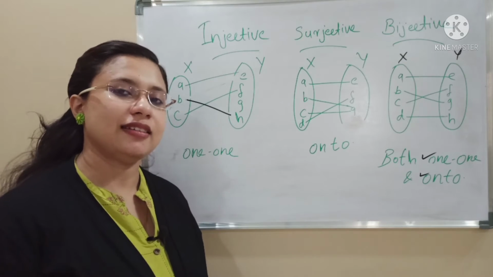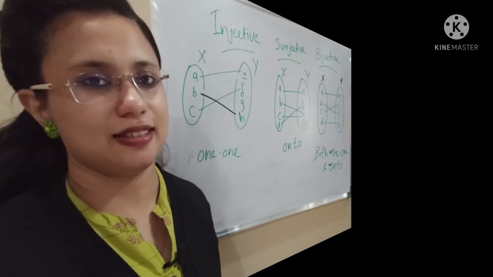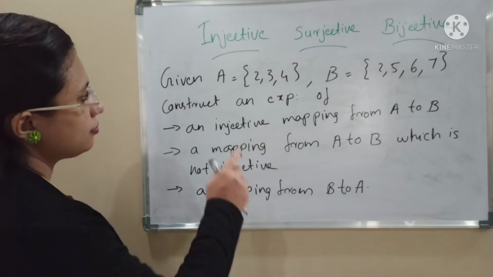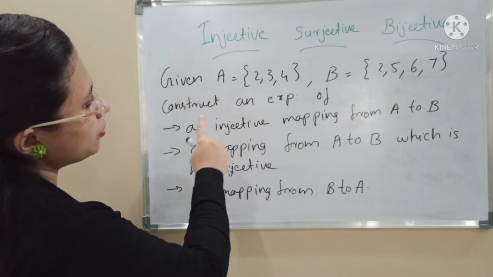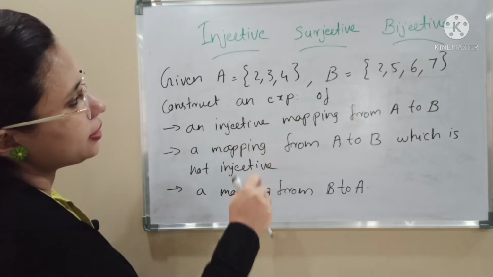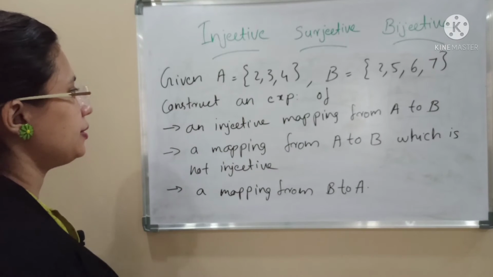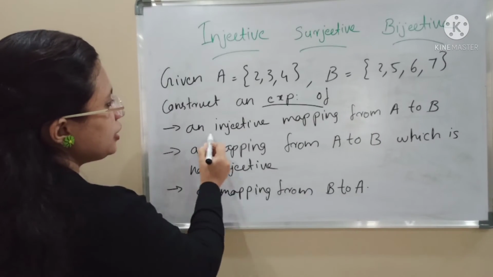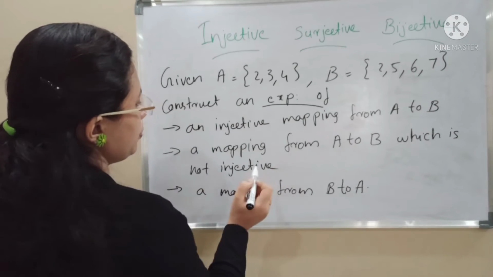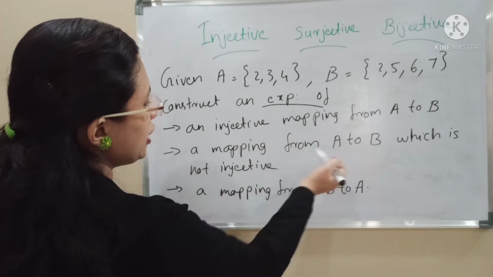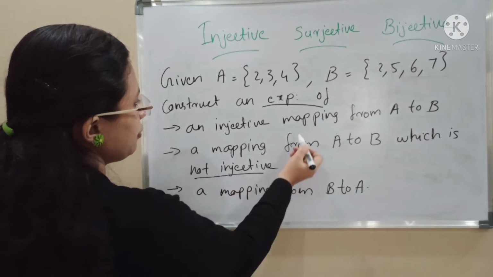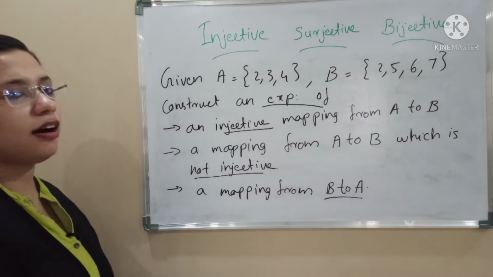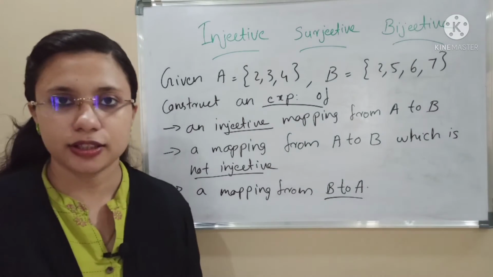So now we'll see the problems related to this. Given A equals {2, 3, 4}, B equals {2, 5, 6, 7}, construct an example of an injective mapping from A to B, a mapping from A to B which is not injective, and a mapping from B to A. So these are the things we are going to find out.